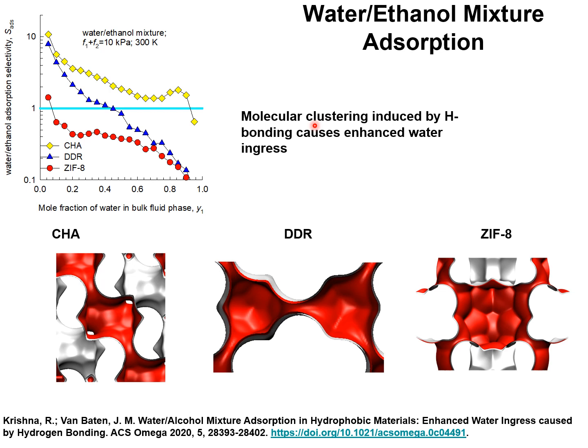And the IAST fails to predict selectivity reversals as the composition of water changes in all cases. The background details are provided in my paper published in ACS Omega in 2020.